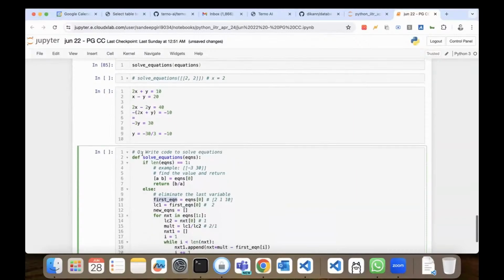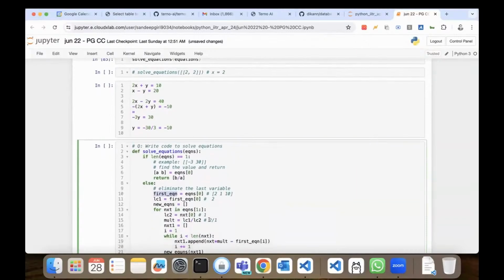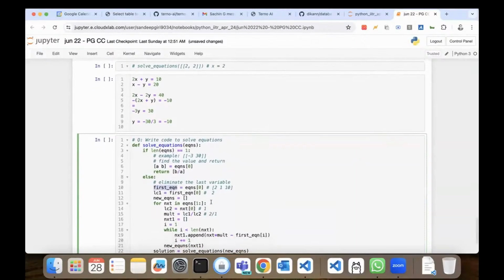Let's say this one, 2, 1, 10, and 1, 1, 0, 1 minus 1, and so on. So there, the next equation might look like 1 minus 1 and 20. I'm just taking this example, 1 minus 1, 20. And then this is my first equation.